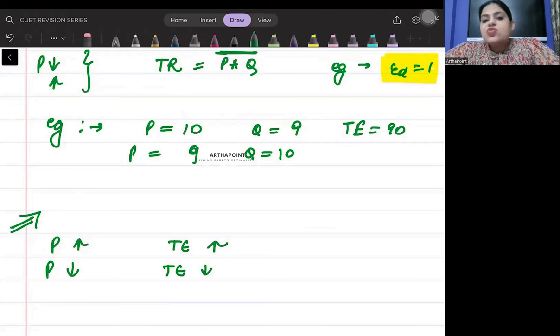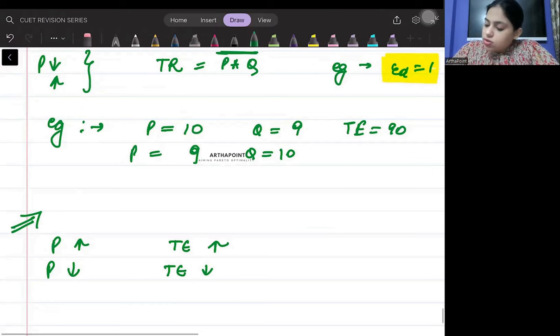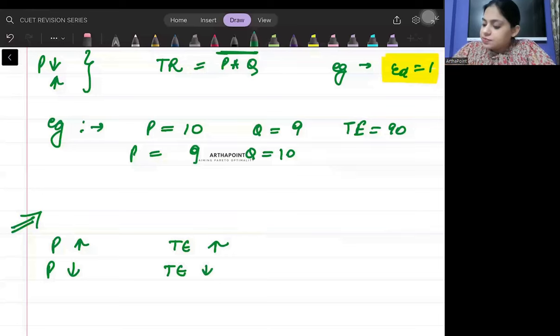Price decrease हुआ, total expenditure decrease हो गया, price increase हुआ, total expenditure increase हो गया, then your elasticity of demand, it is less than 1.